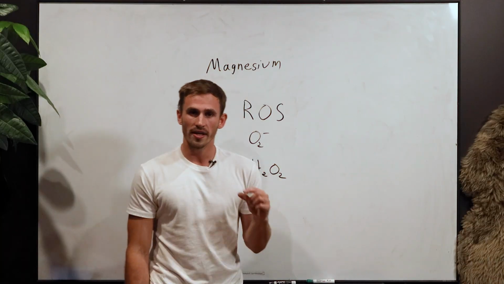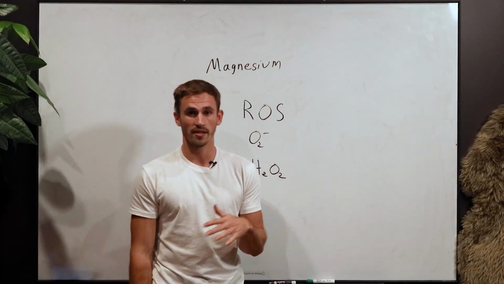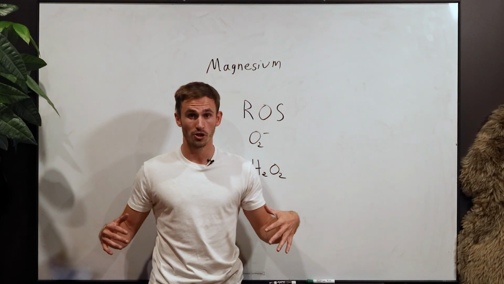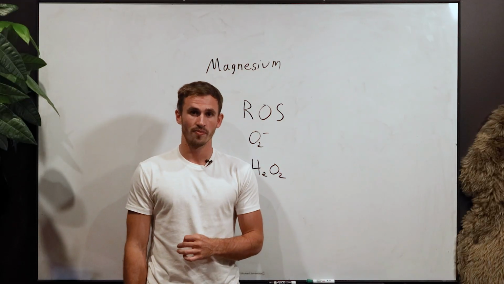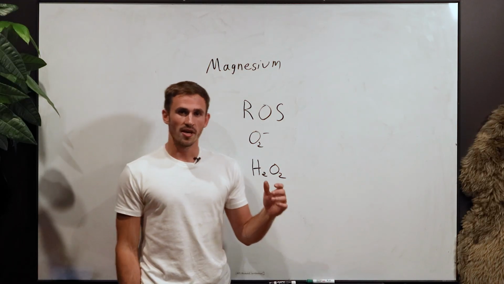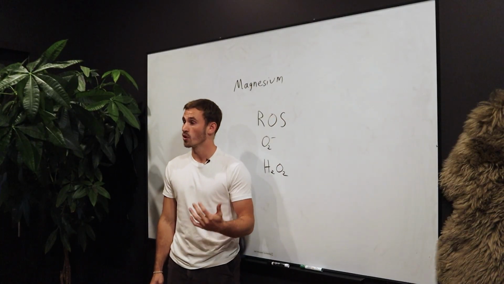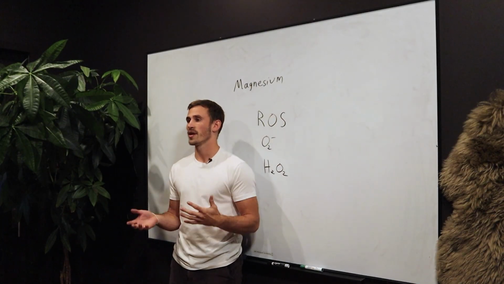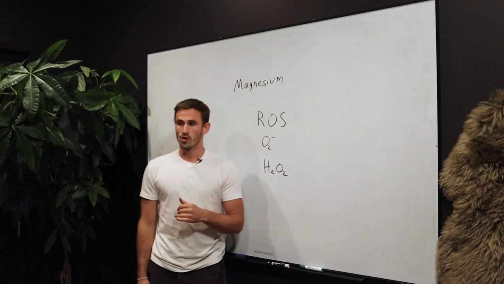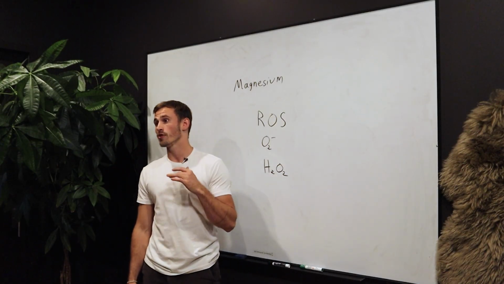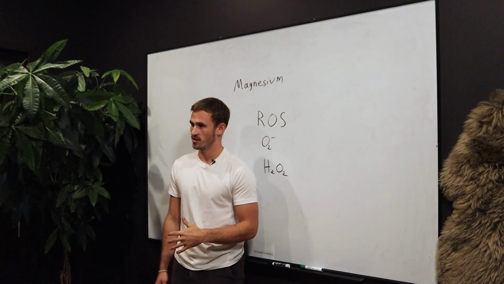Now, they're good in small doses. They're used as signaling. But when they get to be too much, if we don't have enough magnesium, then these cause death in the leaves. They infiltrate the lipids and the proteins of the cells and can break down cells in the leaves. So keeping reactive oxidative species at bay is another key component of what magnesium does in the plant.